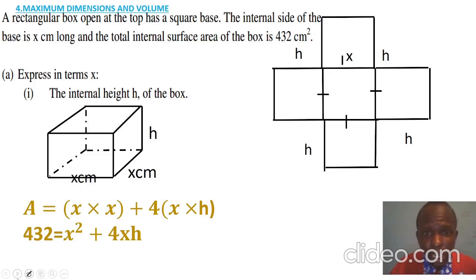Now, here we have the box. In the question, it has been stated that the box is open at the top. If it is open at the top, and then we cut the edges, these edges here, the edges that are heights, cut those edges, then we open it.